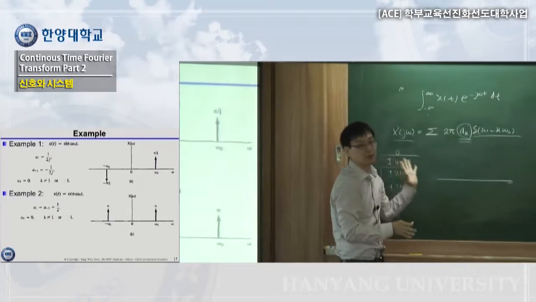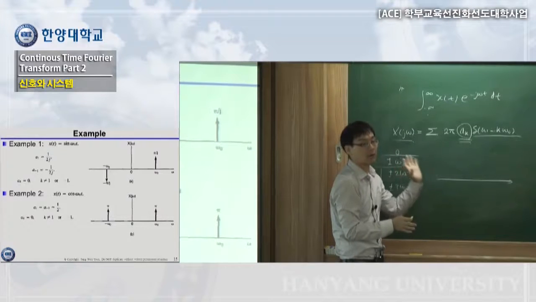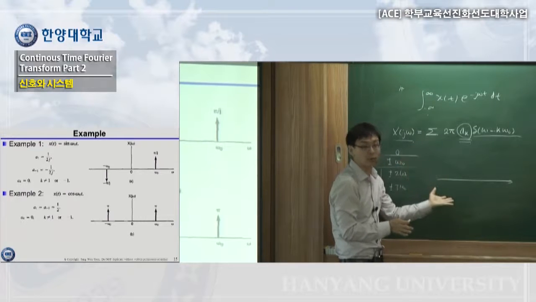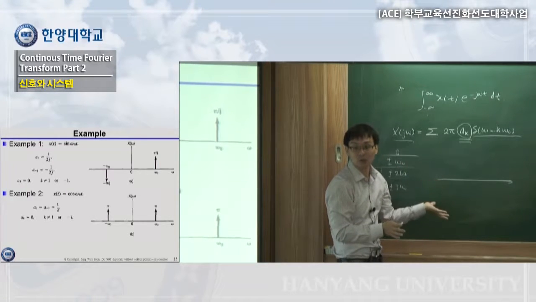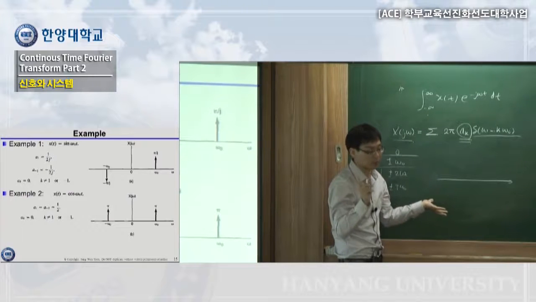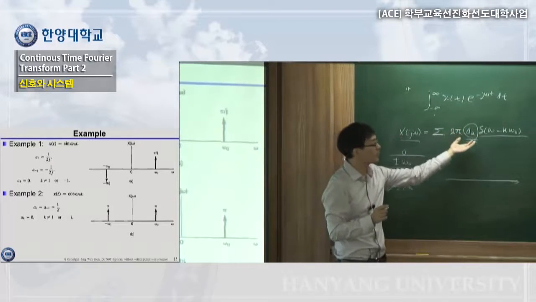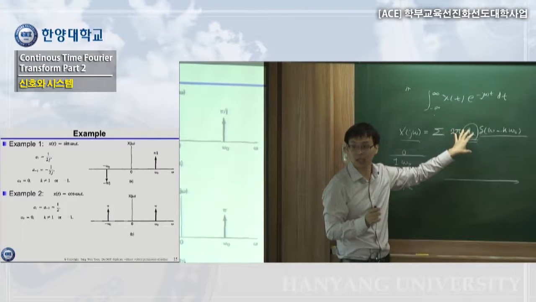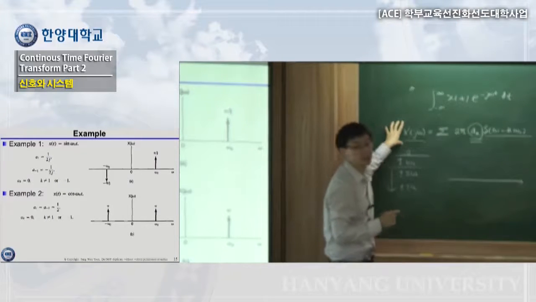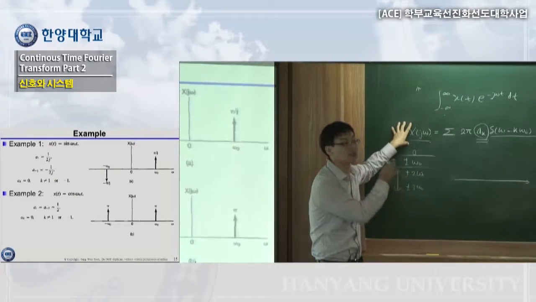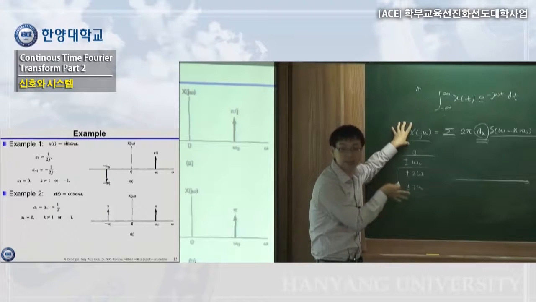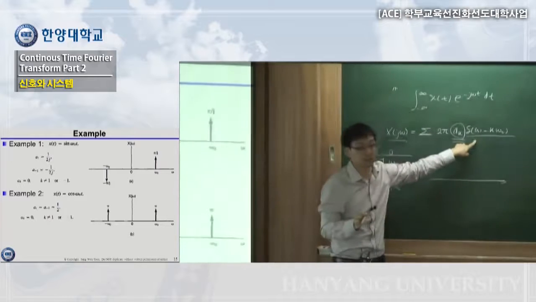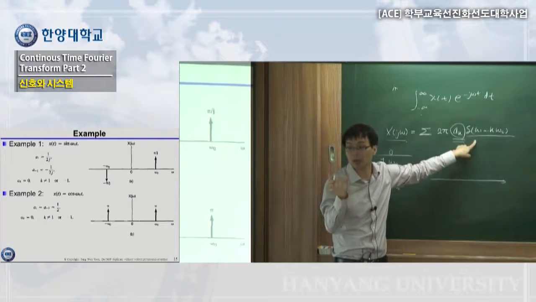If the signal is periodic and has Fourier series coefficients, its frequency domain signal is discontinuous. Let me say that one more time. If the signal is periodic and has Fourier series coefficients a_k, then its Fourier transform, which is its frequency component, is given as a sum, not an integration, a sum of impulses spaced by omega 0.